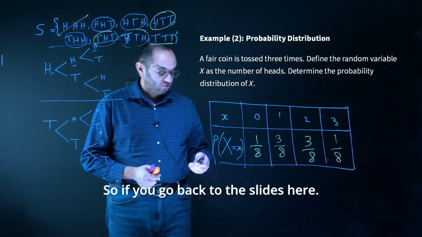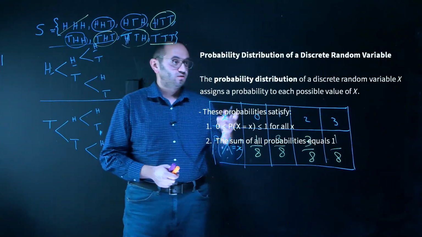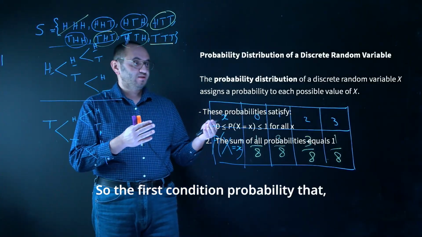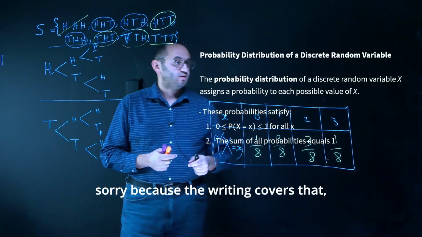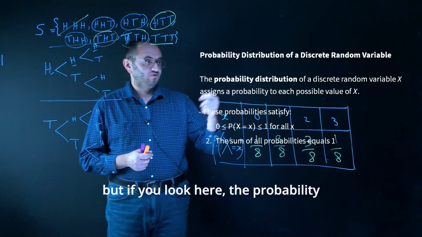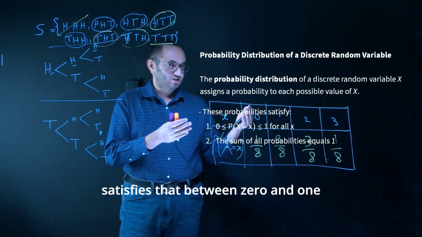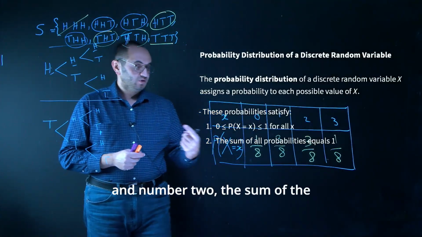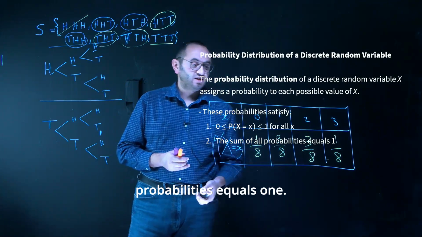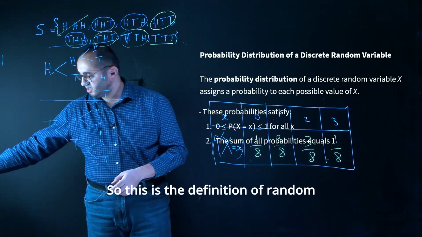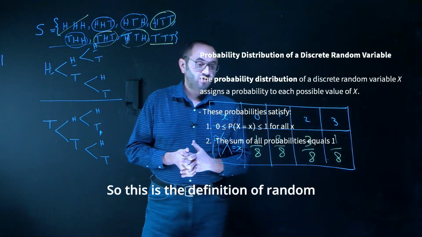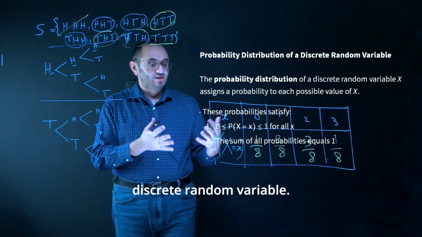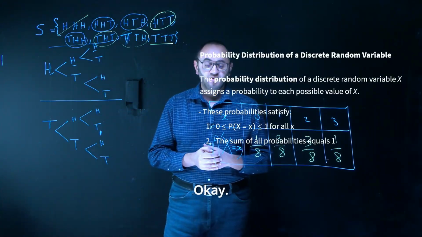If you go back to the slides, the first condition is that the probability is between 0 and 1, and number 2, the sum of the probabilities equals 1. So this is the definition of a random variable, especially a discrete random variable. Okay, thank you very much.